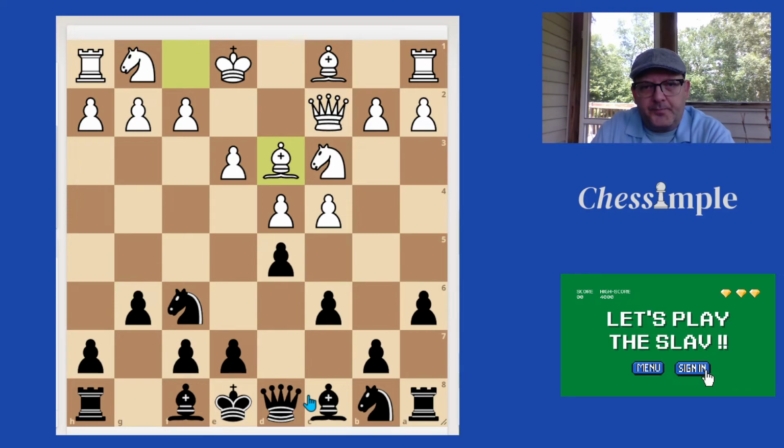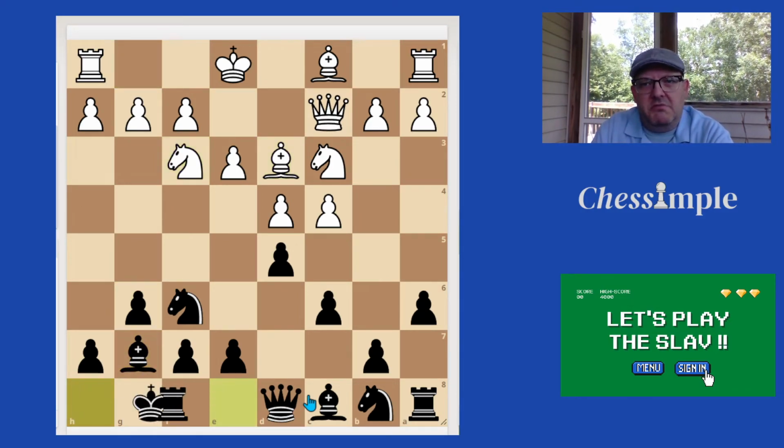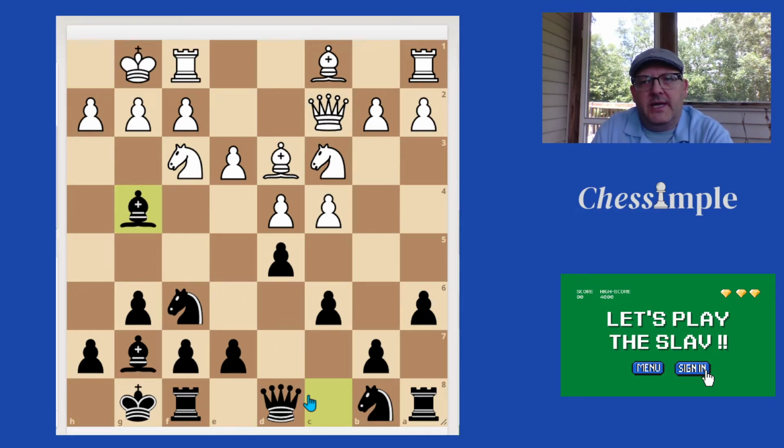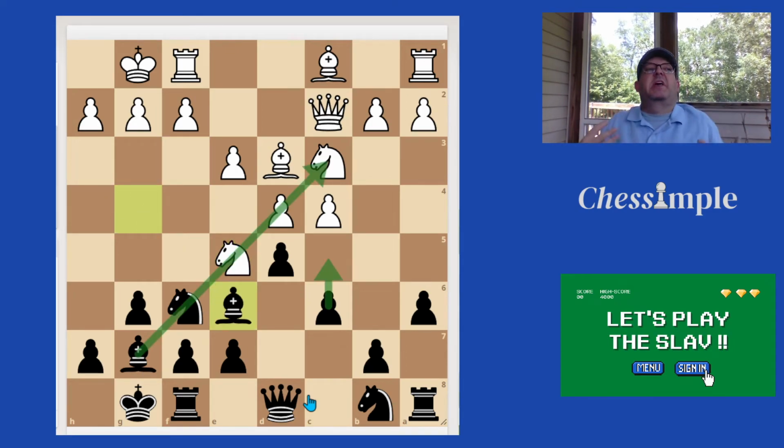So it might go something like this. And now we can actually get away with doing this. This would be a common typical position we would get in these queen to c2 lines. We just drop our bishop back, and one potential idea would be to play c5 at some point and then open up our Fianchettoed bishop.